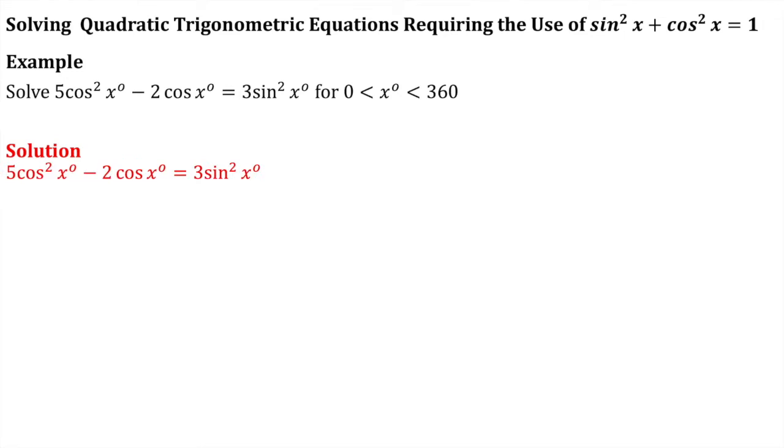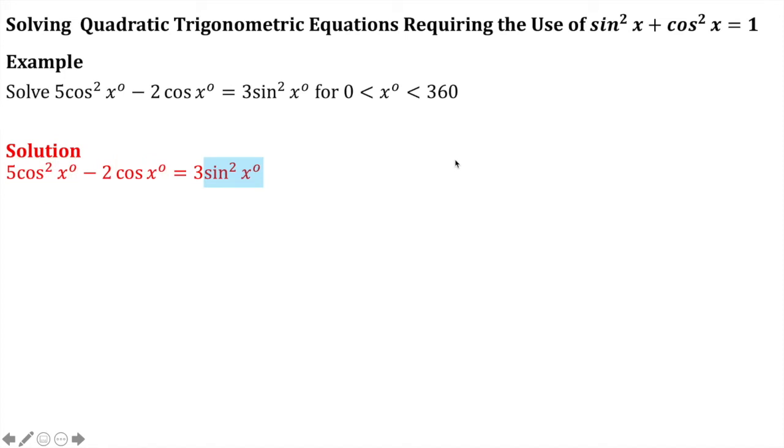Now, firstly, on my left-hand side of my equation, I'm noticing that I've got two terms which involve the cosine function, and on the right-hand side, I am noticing that I've got a term involving the sine function. Now, it would be really useful if at this point I had either all cos x's or all sin x's. Obviously I don't. Now the sort of outlier here, if you like, is the sin squared x.